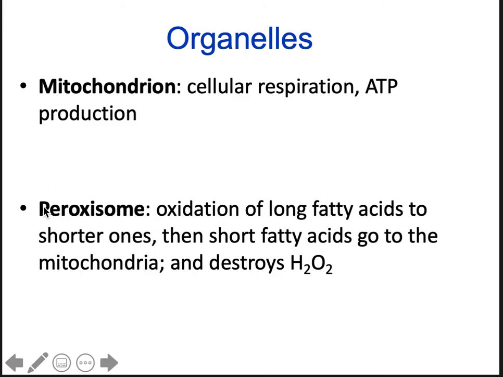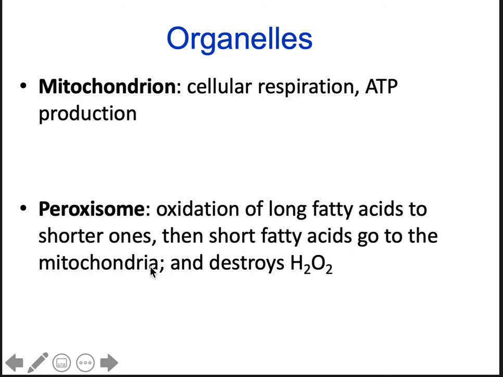Peroxisome is another defensive type vesicle. It will be able to carry out the oxidation of long fatty acids into shorter ones. And then short fatty acids go to the mitochondria to be used to make ATP.